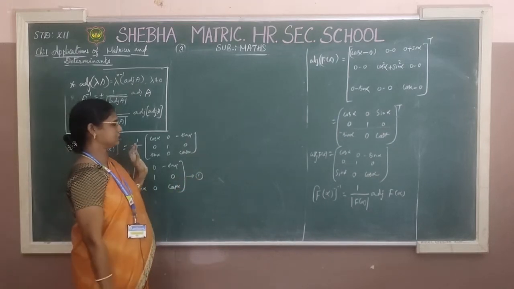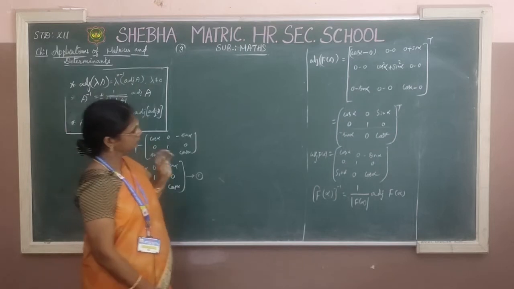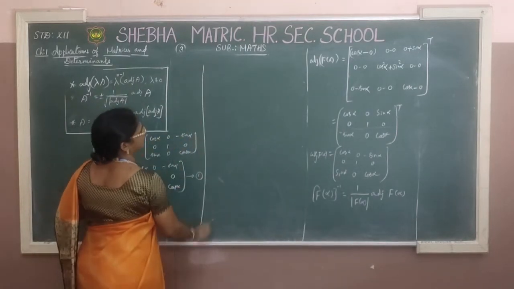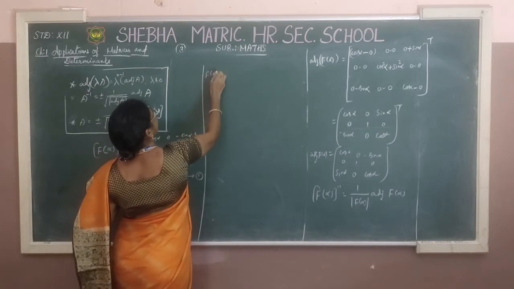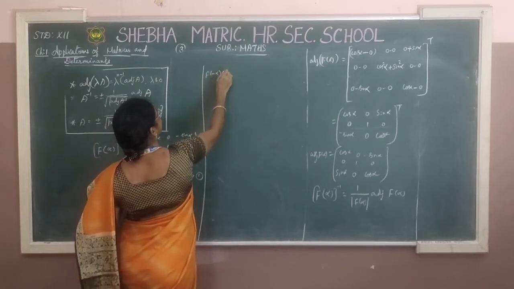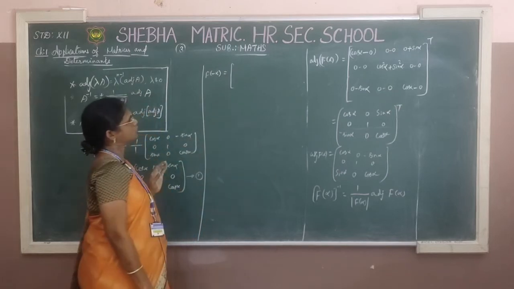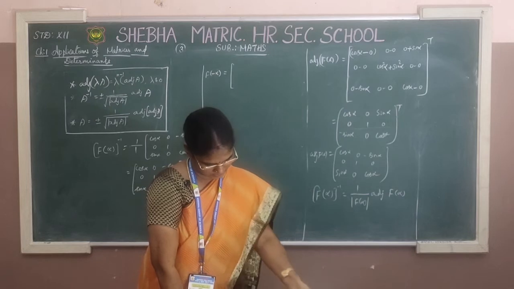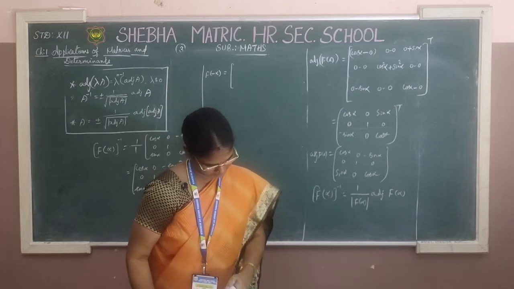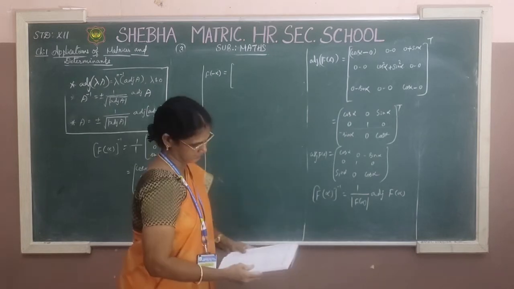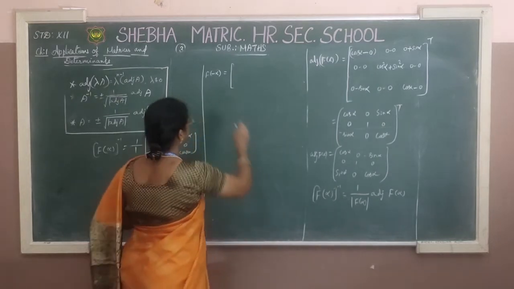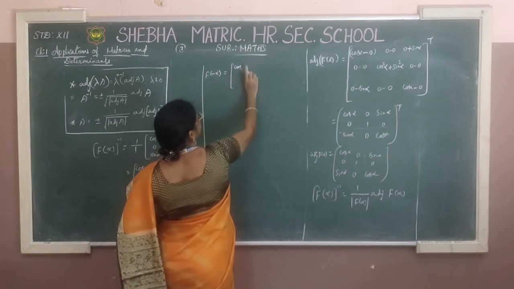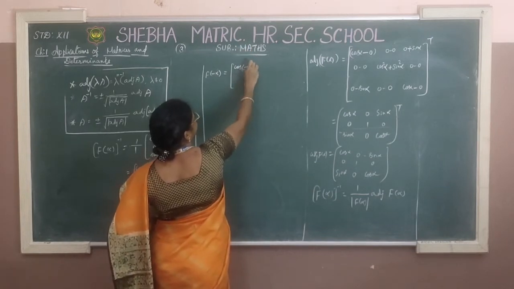Okay, next we are going to find f of minus alpha. So, f of minus alpha is equal to substitute the value of, listen, the given matrix is what? The given matrix is cos alpha 0 sin alpha. So, instead of alpha we have to write minus alpha.